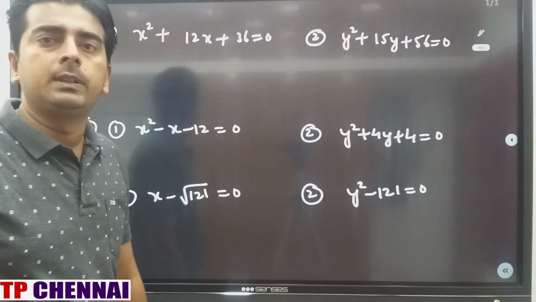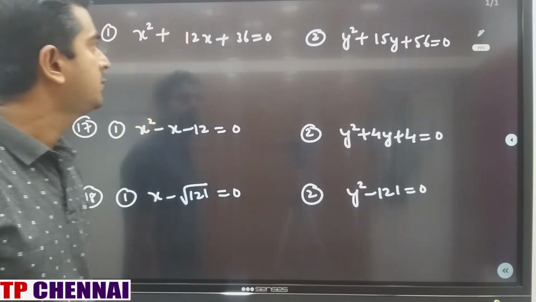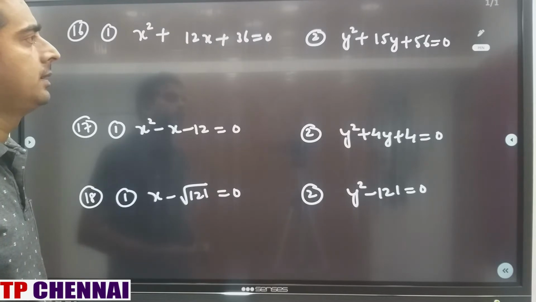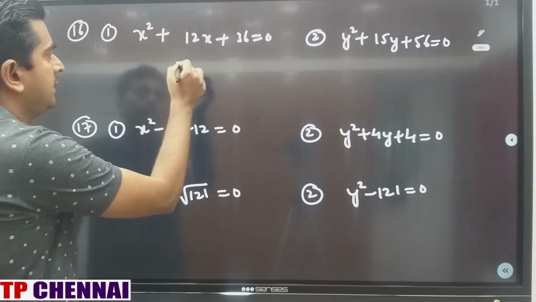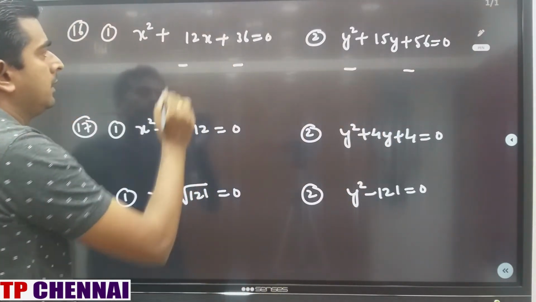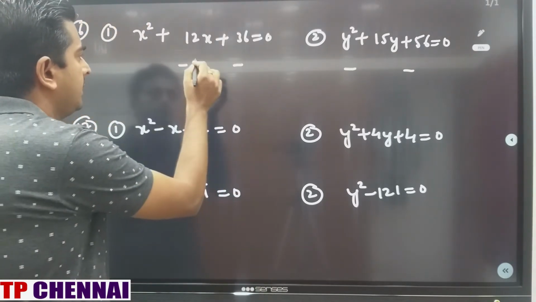So I hope you clear with 5 wrong numbers. Now we will see next 5 quadratic equation. First one, x square plus 12x plus 36 is equal to 0, y square plus 15y plus 56 is equal to 0. So here roots are plus plus, so this is minus minus. Here also it is minus minus. So when you multiply you should get 36, when you add you should get 12, so 6 6.